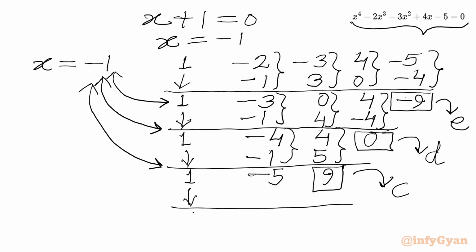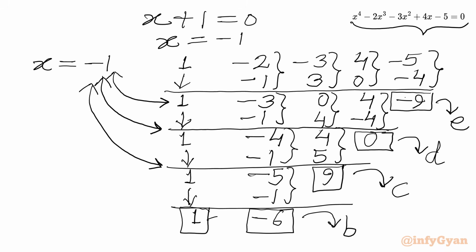Minus 1 times 1 is minus 1, which we will write over here. By adding these two, we will get minus 6. So minus 6 is b and 1 is a.